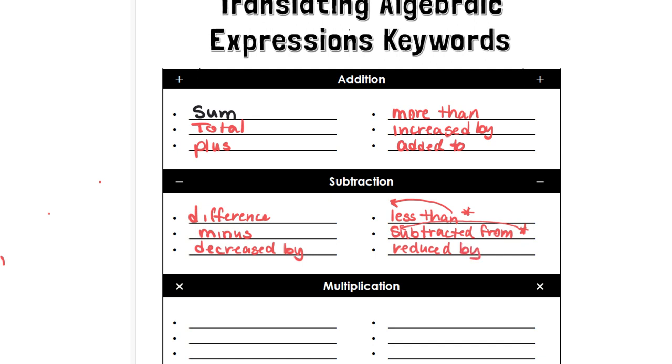The words for multiplication are product, times, of, multiplied by, double or triple, and twice.